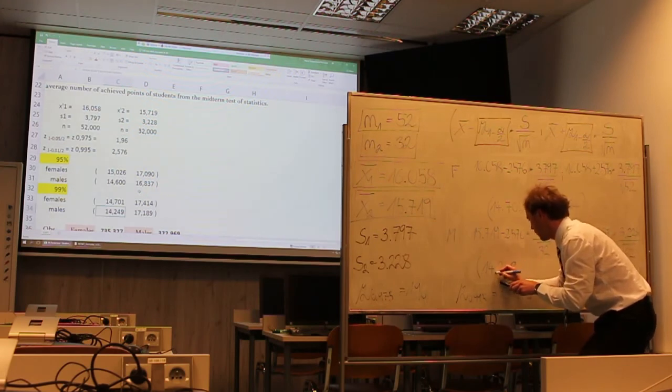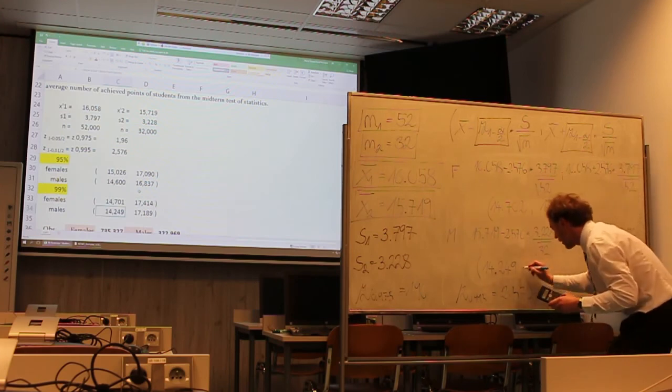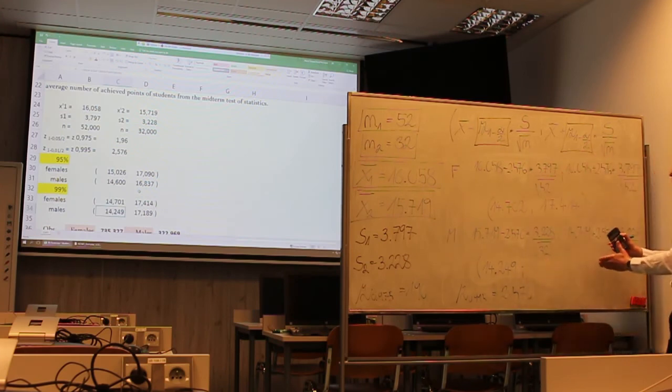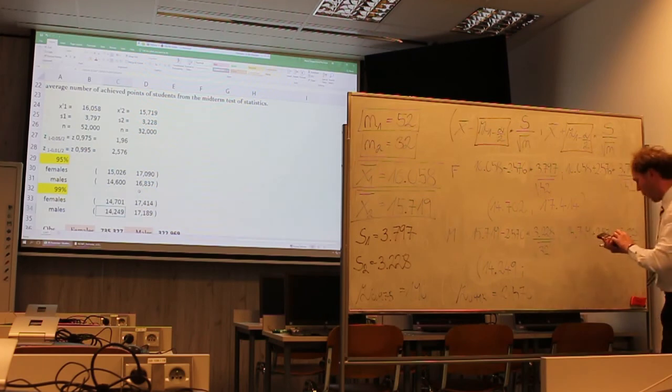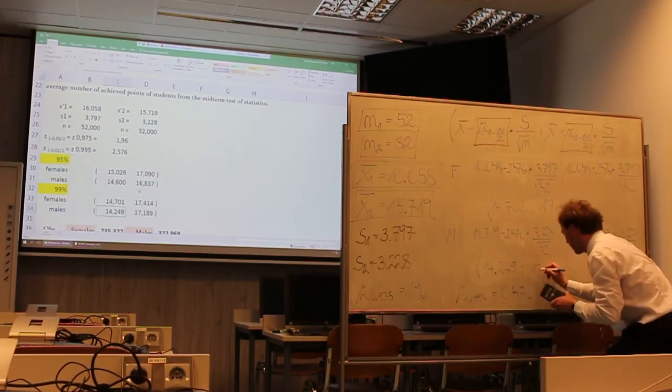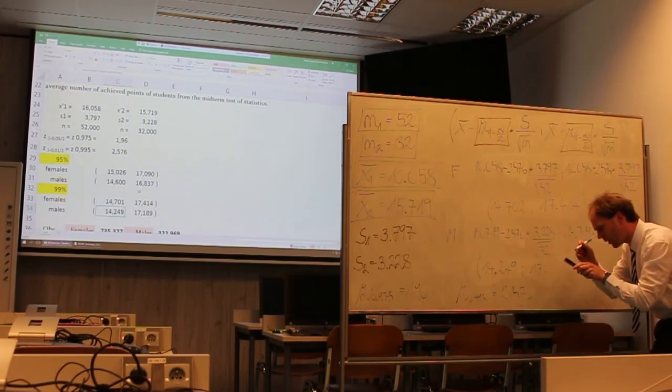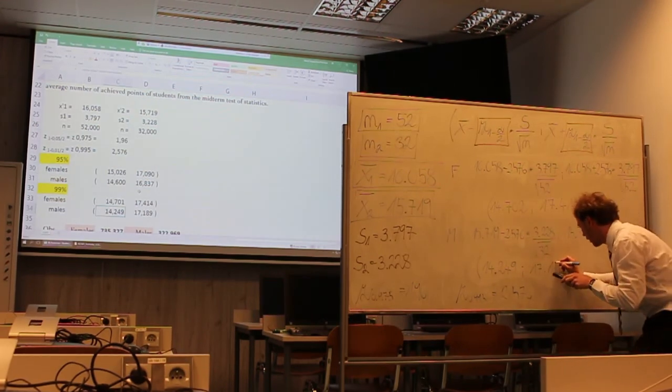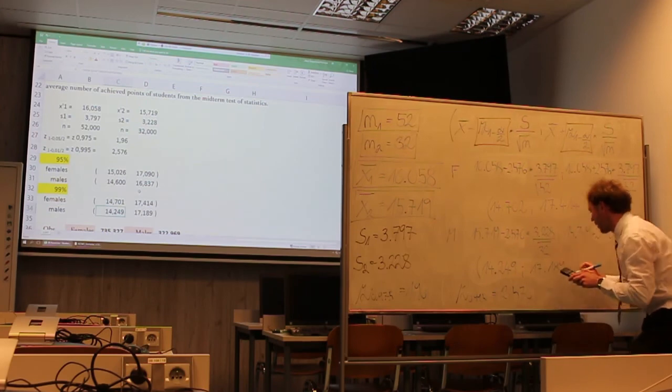Yes, this is the left bound, and the right bound for the expected number of achieved points: 3.228 divided by square root of 32 times 2.576 plus 15.719, 17.189.